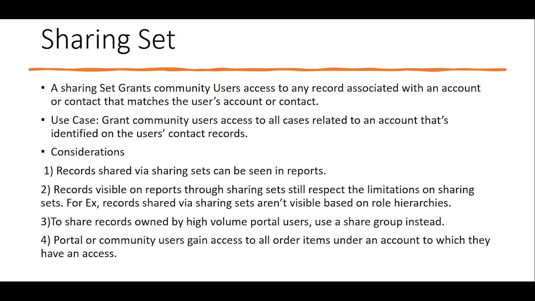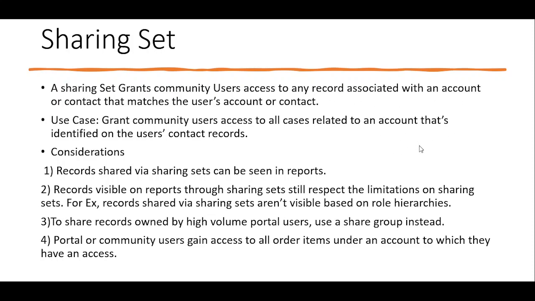A sharing set grants a community user access to any record associated with an account or contact that matches the user's account or contact. That's what I explained. So for example, if I'm a user A associated with an account like Facebook, and Facebook has three cases, then me belonging to that Facebook and those three cases belonging to Facebook, I will have access to those three cases.